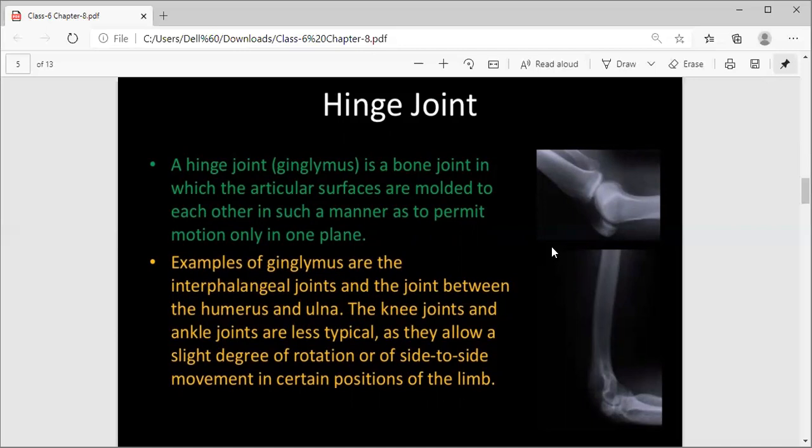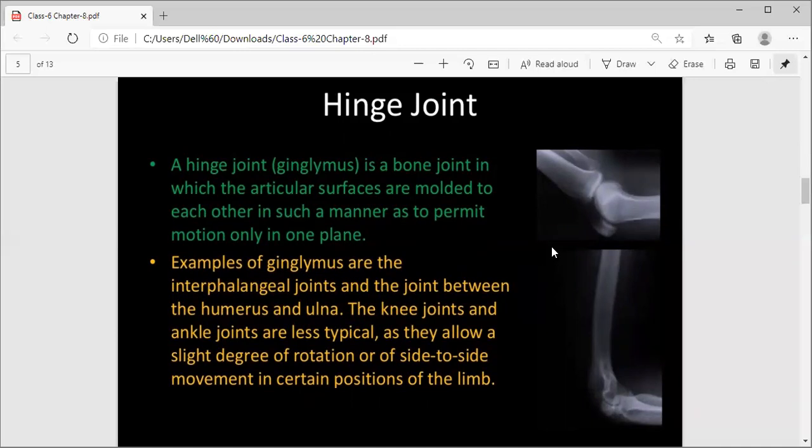In the same way, hinge joints show movement only in one direction. You can see it in your body parts, like the knee joint and the ankle joint. So the hinge joint is present in these body parts.